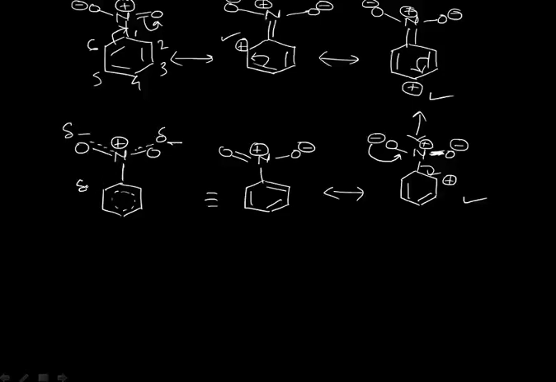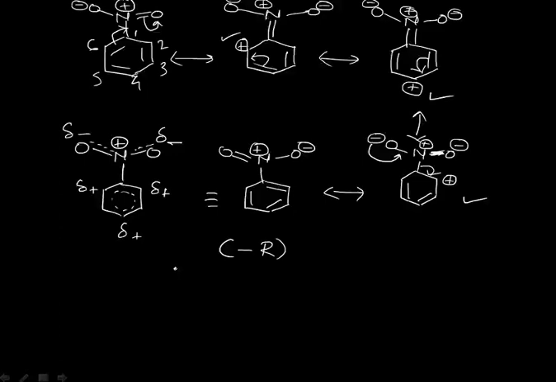At carbon number 2, 4 and 6 positions we are getting positive charge, so therefore they are delta positively charged. And this is the example of a substituent which is going to show an electron withdrawing resonance effect. So it is an example of minus R. This NO2 group is going to show the minus R effect.